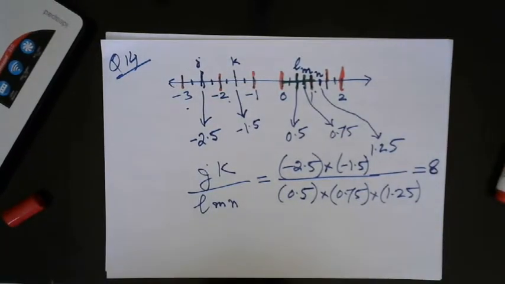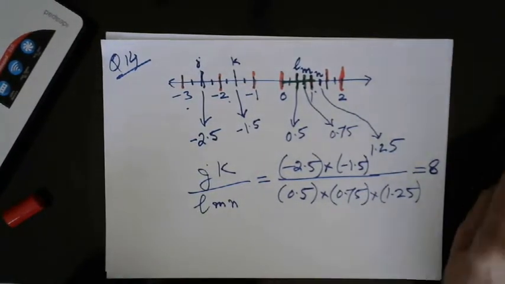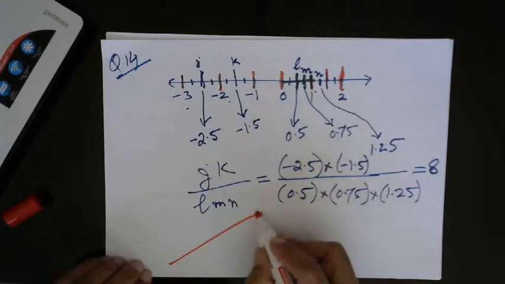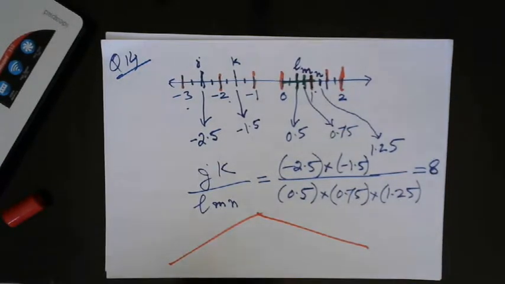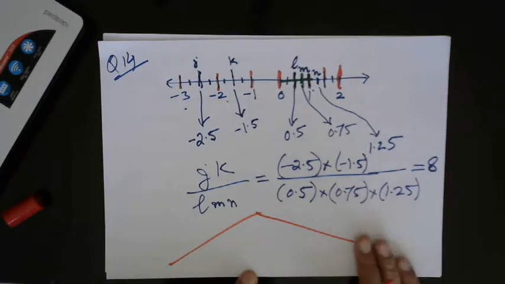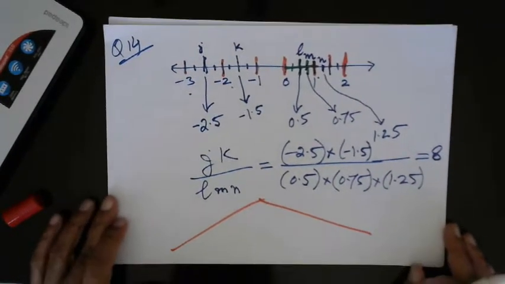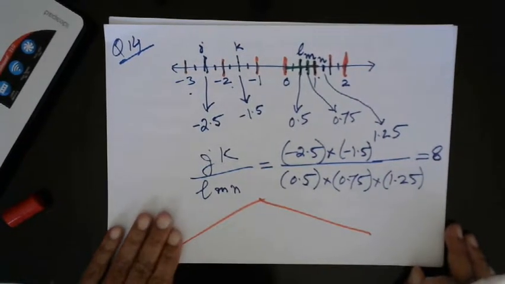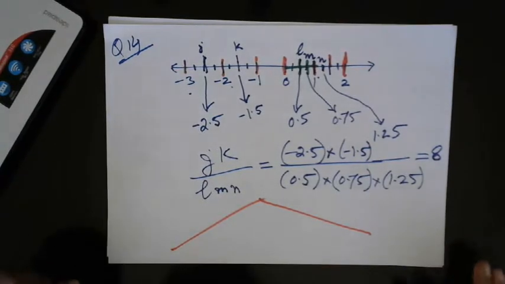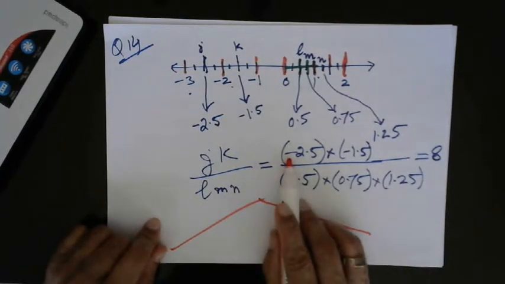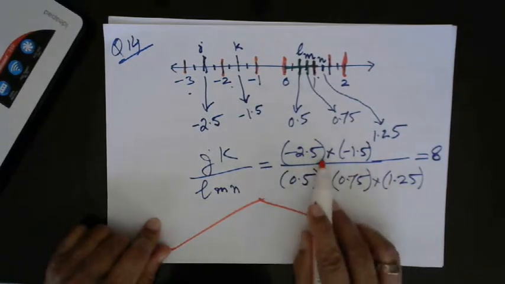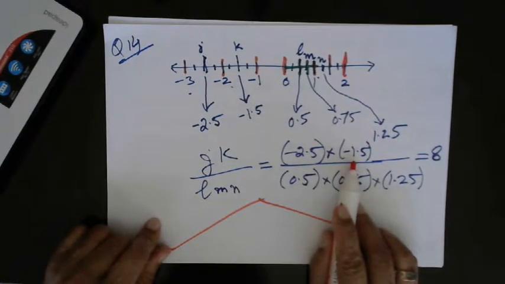If you are not allowed a calculator, then I've got two methods. One is for intelligent students, which I will do here, and the other one is for not so intelligent students, which I will do here. Now because you have a negative sign here, -2.5, and a negative sign here, the product will give you a positive sign.